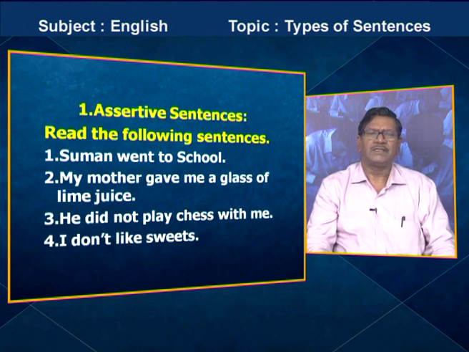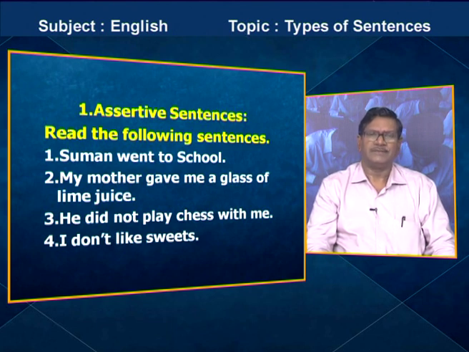In the first 2 sentences, there is something told, asserting. Someone went to school. So, it is a declaration that he has gone to school. Someone went to school. Who went to school? Someone.